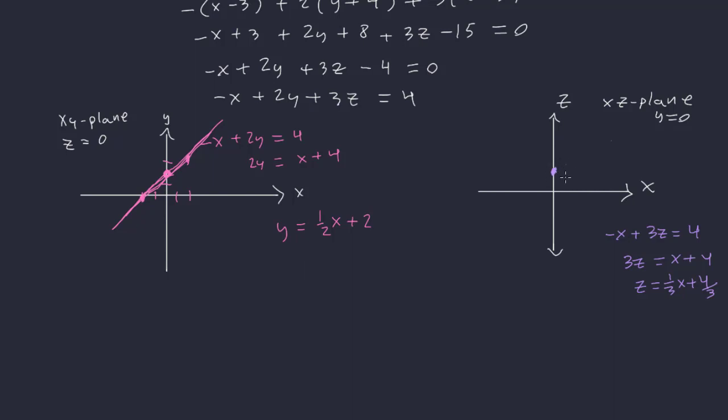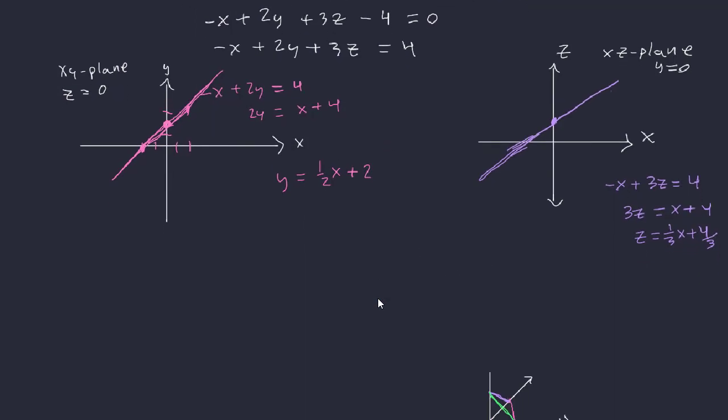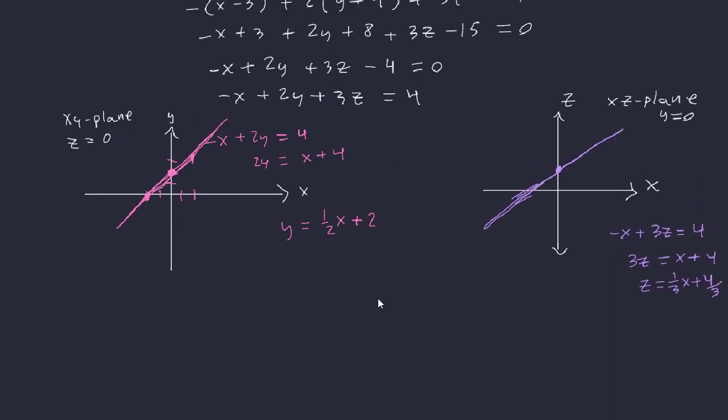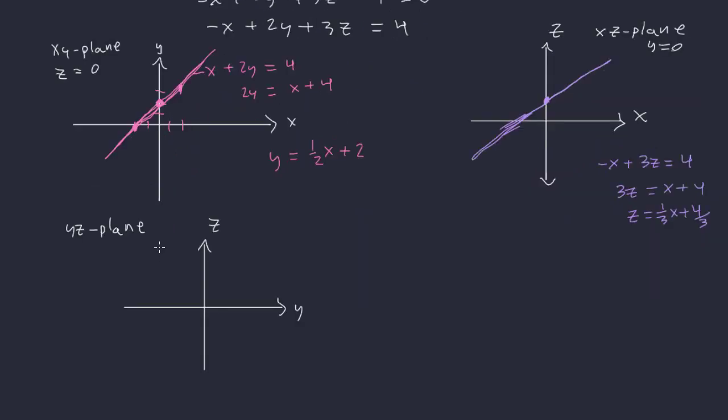So we can imagine 4/3 is about right there, and we have a positive slope, so it's going to look something like this. I'm not going for exactness here. I'll go to some graphing software for that when I'm ready.